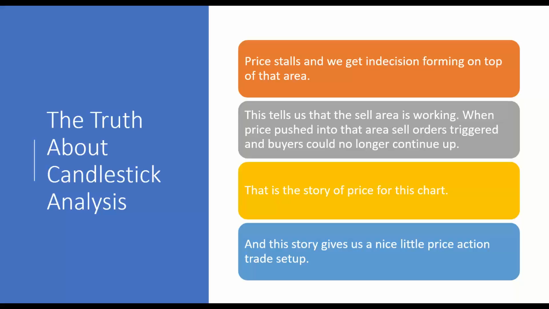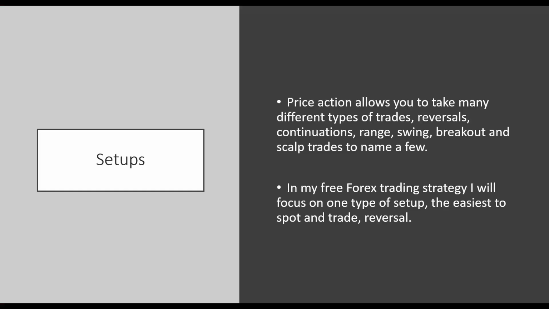This tells us the sell area is working. When price pushed into that area, sell orders triggered and buyers could no longer continue up. That is what the story of price is for this particular chart, for this segment of time. And this story gives us a nice little price action trade setup.